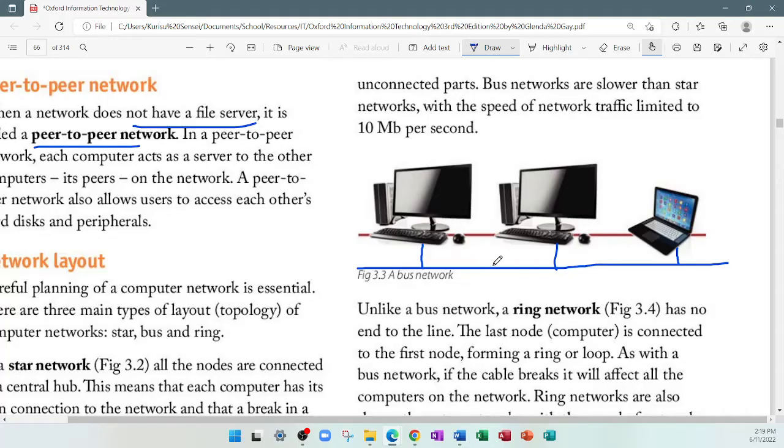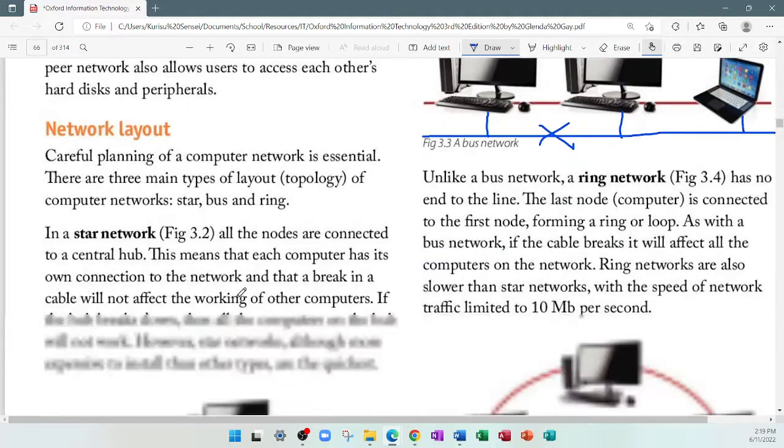The disadvantage of this is that if this cable was to break anywhere along this line, then we are segregating the parts of that network. So basically only these two devices will be able to communicate with each other, and this device over here is now all by himself.